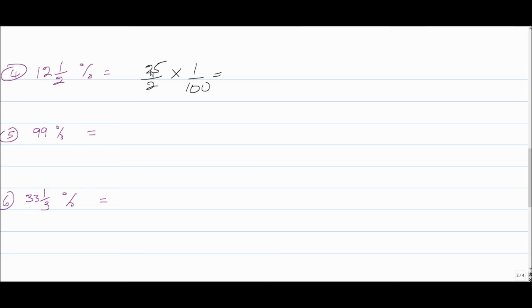So now we could work it out like this, and we could say 25 times 1 is 25, and 2 times 100 we have 200, and we could say 25 into itself one time and 25 into 200 8 times, our answer being 1/8.